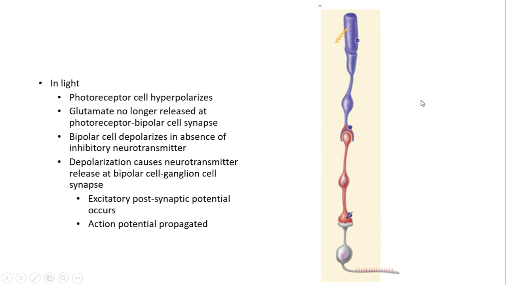And remember, we said that only graded potentials occur at this level. So from the photoreceptors that have the photoreceptor potential, and then the bipolar cells that have the graded potentials, they only do the graded potentials, and it makes sense because action potentials are for long distances, right? The bipolar cell does not have that long distance to deal with, so graded potentials work just fine for the bipolar cell, and the same thing works for the photoreceptor.